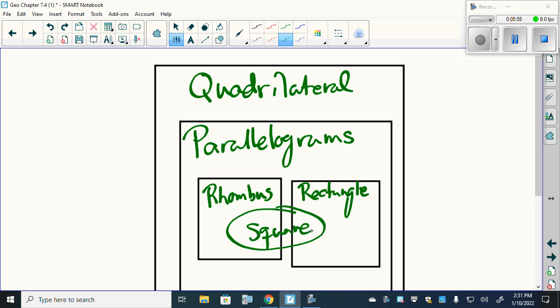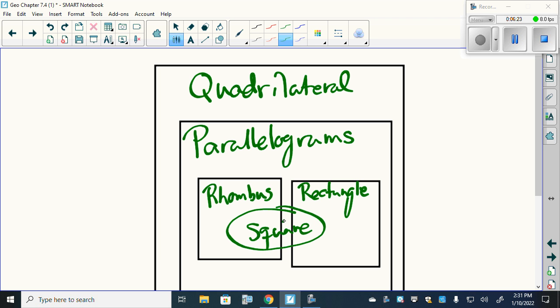And a square is a combination of both a rhombus and a rectangle. Now, can a square be a rhombus? Yeah, because a square is a rhombus and a rectangle.